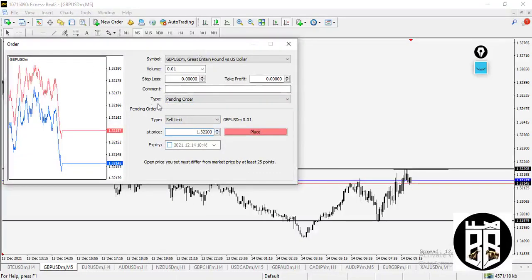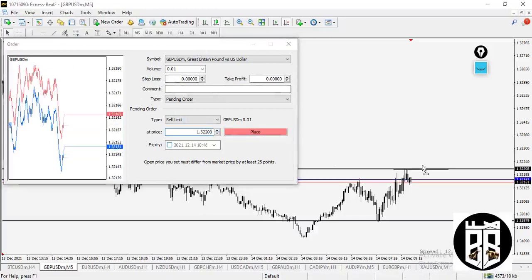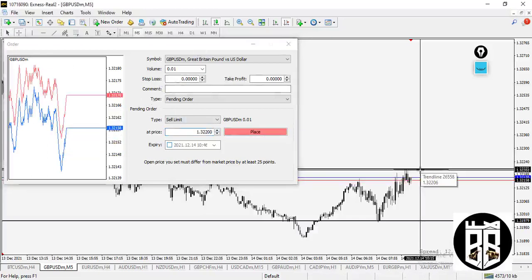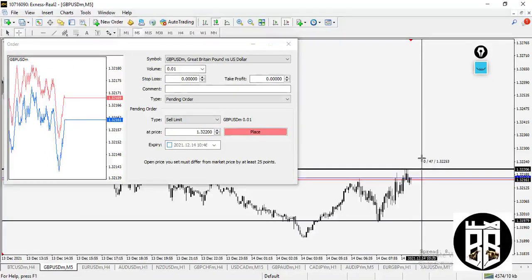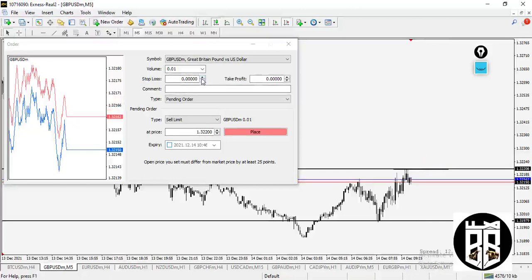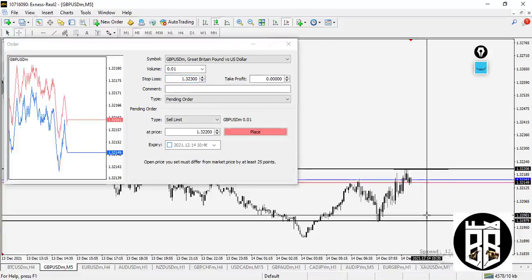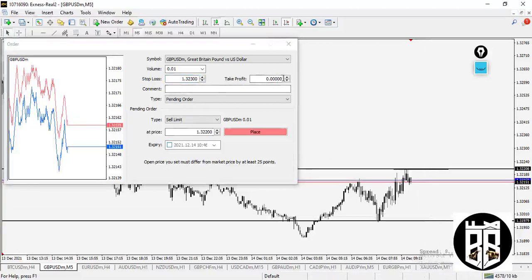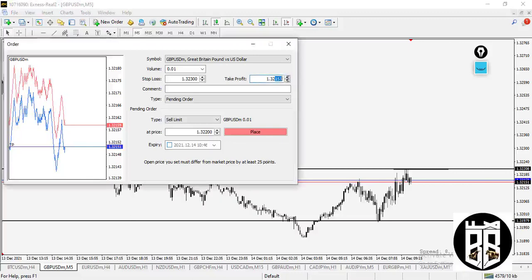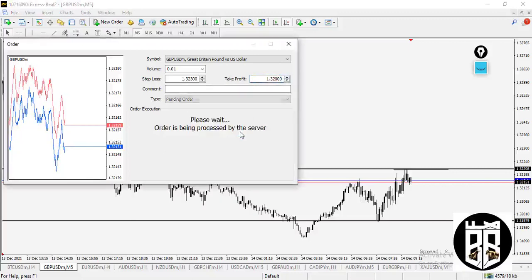Now the stop loss, let me make it here at 3230. And take profit, let's say I want to place our take profit here at 3200, and you say place order.